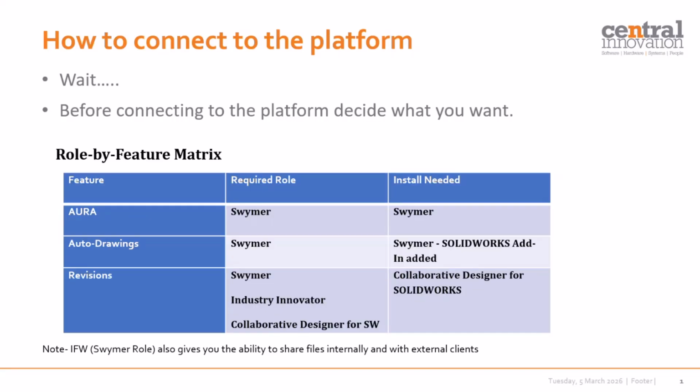I'd recommend including it, and I believe it may be included by default now. The collaborative designer in the third row brings all the above, but also lets you store your files on the cloud and do revision management. But if you're not looking to do that, then that's okay as well. So before connecting to the platform, let's look at the benefits.